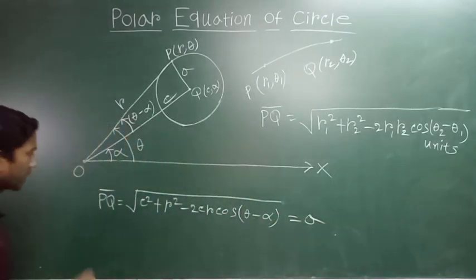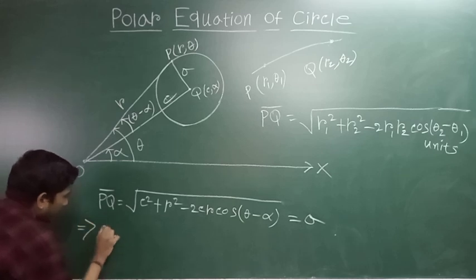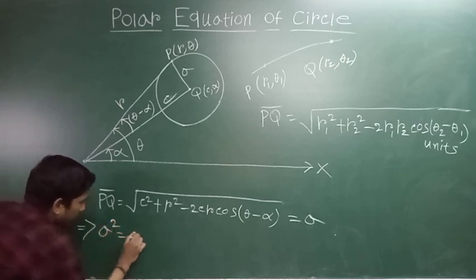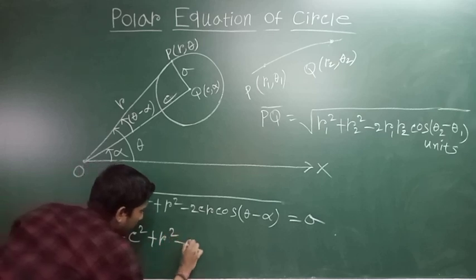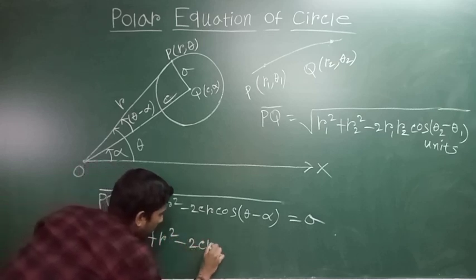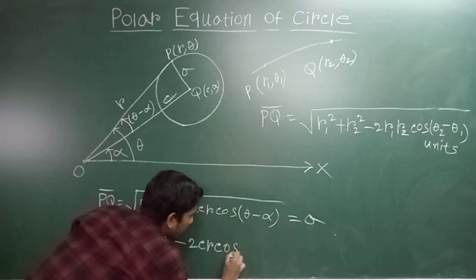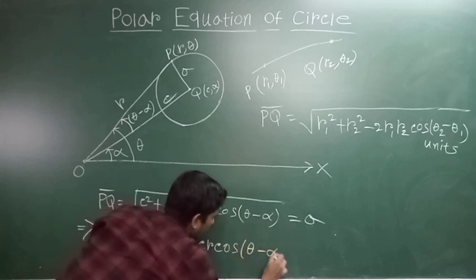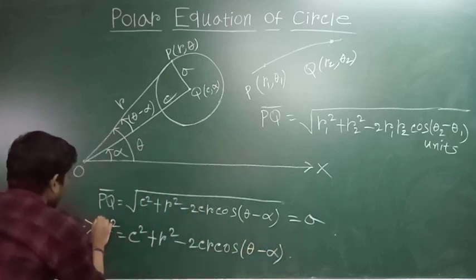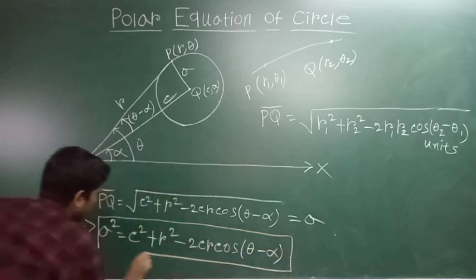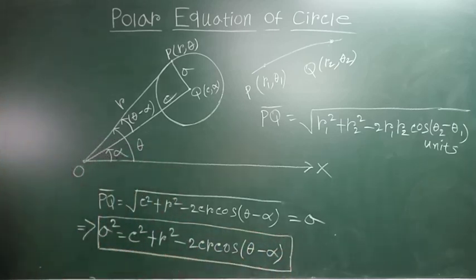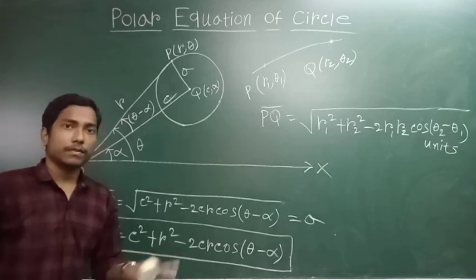Now squaring both sides, we get a square is equal to c square plus r square minus 2cr cos (theta minus alpha), and this is the required polar equation of the circle.